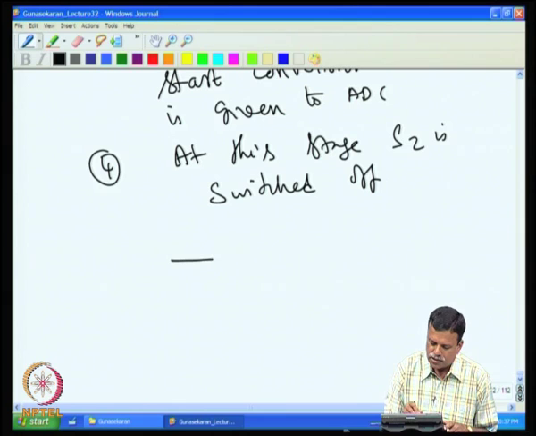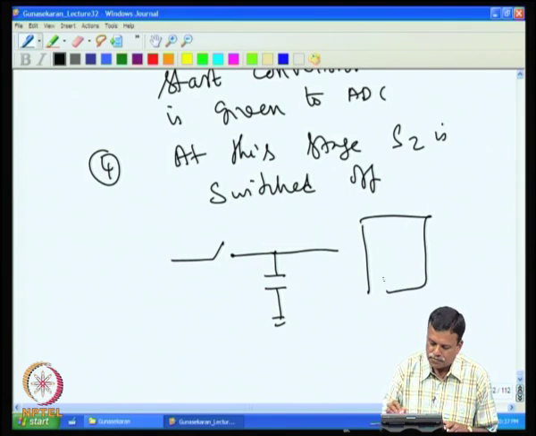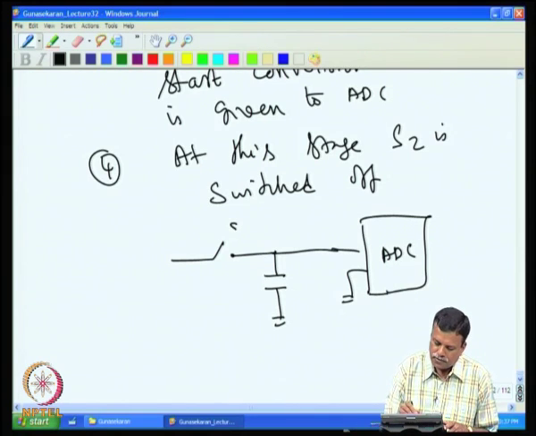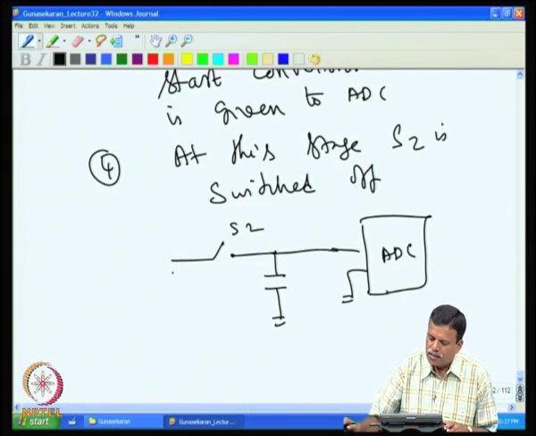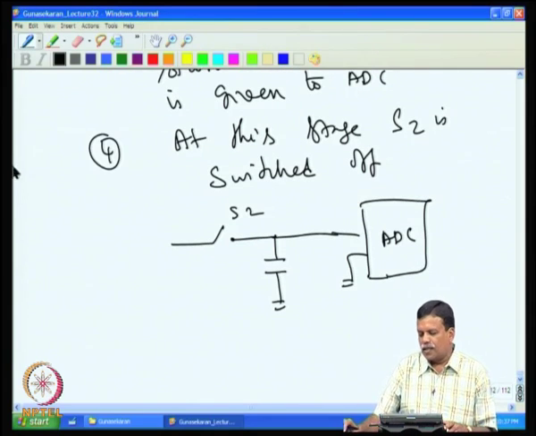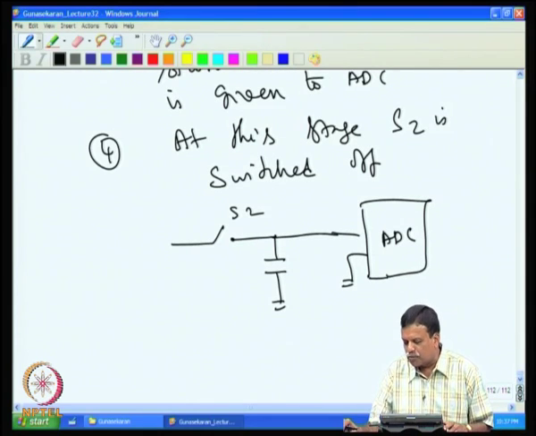Whatever voltage is there in the capacitor goes to the ADC. The ADC takes its own time for the conversion.